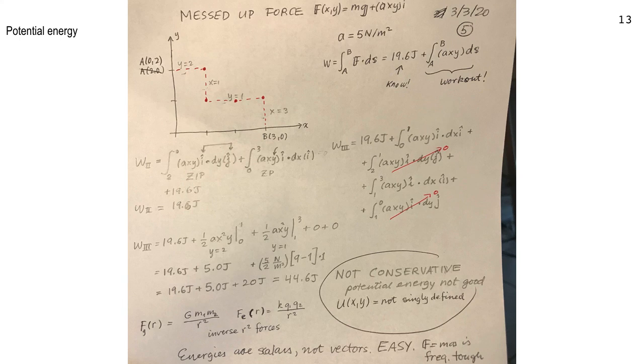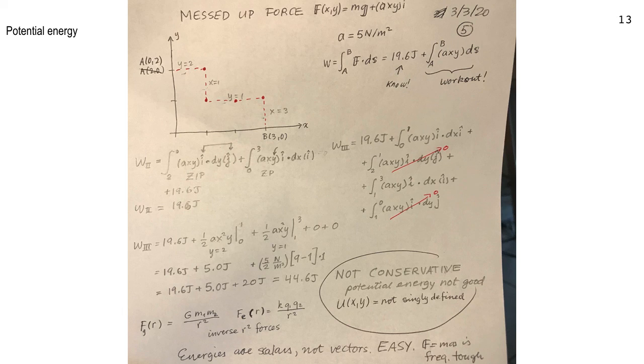And U of x, y is an integral. All right, so U of x is an integral. But if you don't get the integral the same way between point A and point B, you cannot use it as a conservative path independent force. All right, and so you got a problem. So potential energy is formally defined. It's a spatially defined quantity.